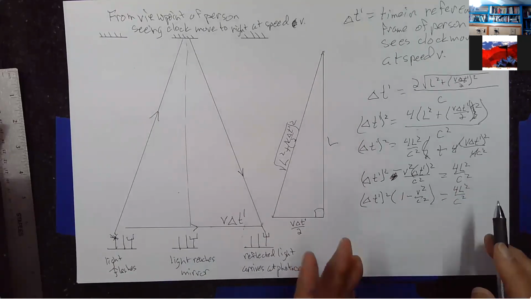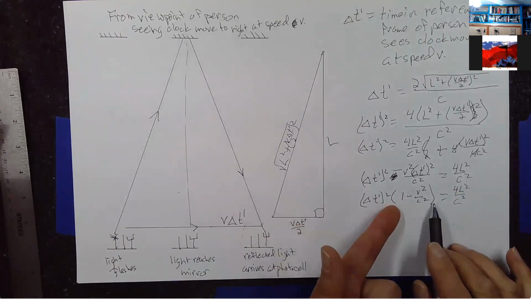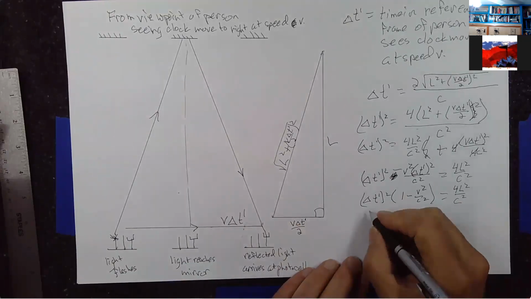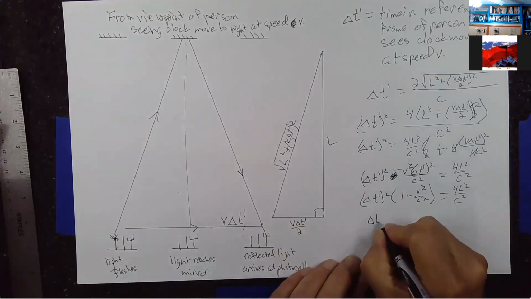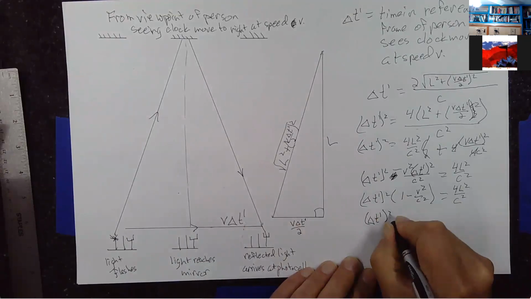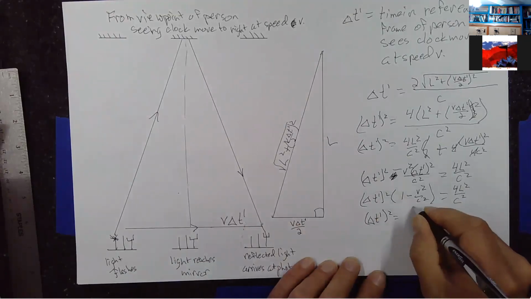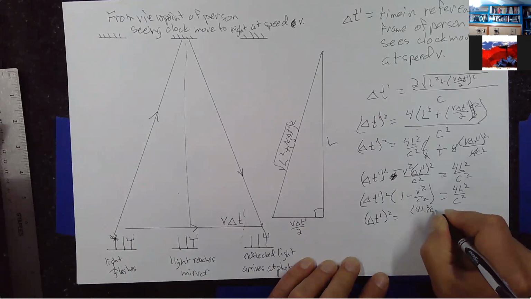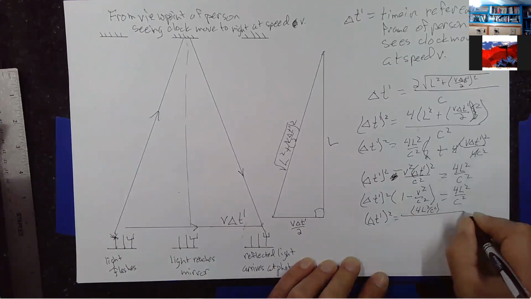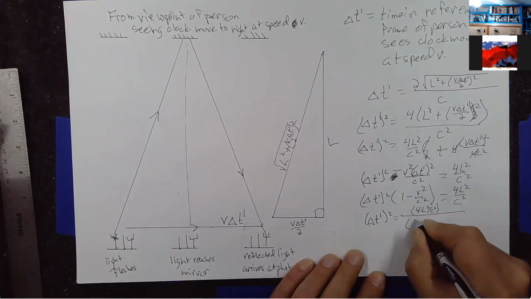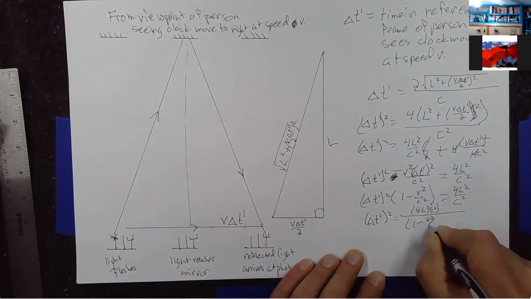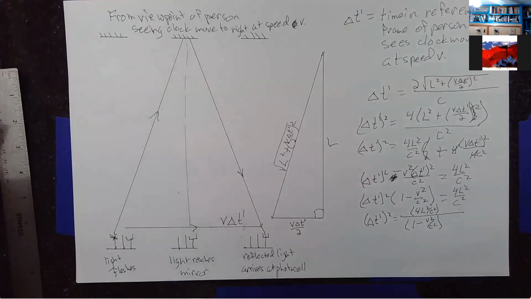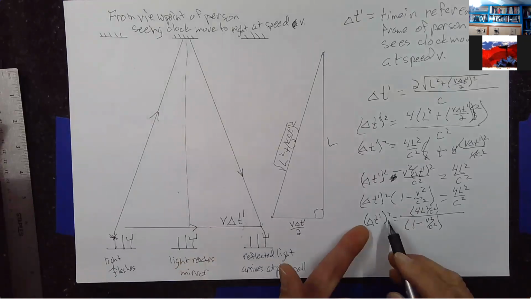Okay, divide both sides by this quantity in parentheses, and I'll get delta T prime squared is equal to 4L squared over C squared divided by 1 minus V squared over C squared. So got that. Now I just take the square root of both sides.